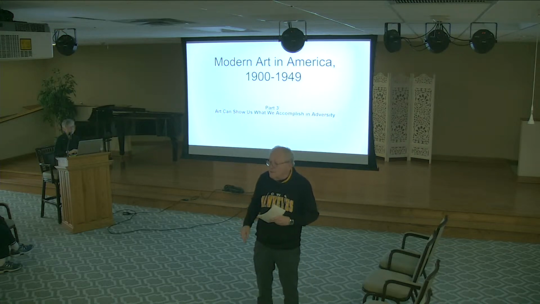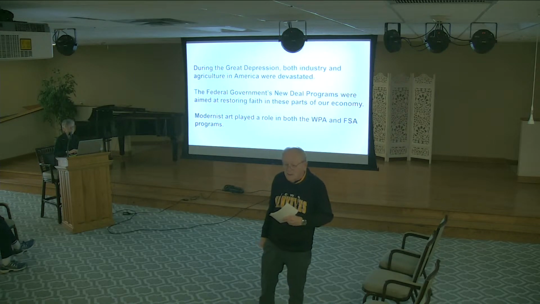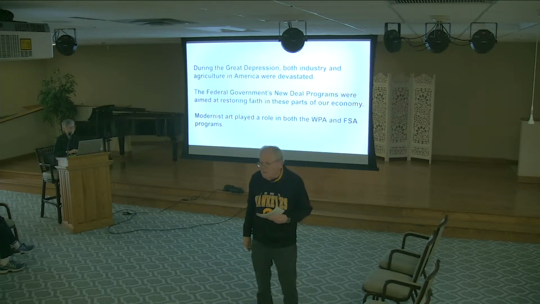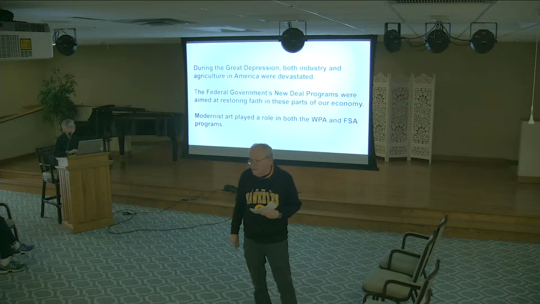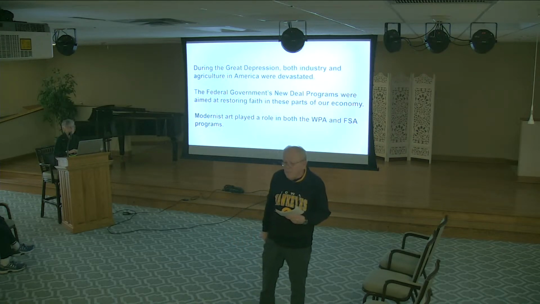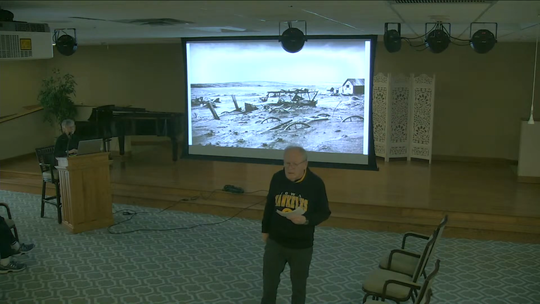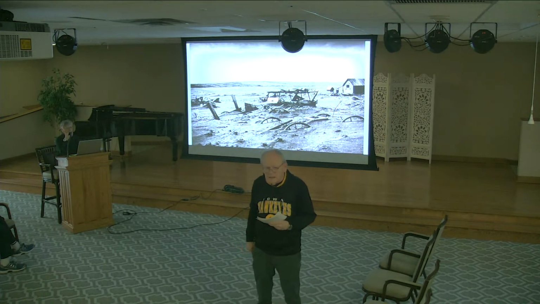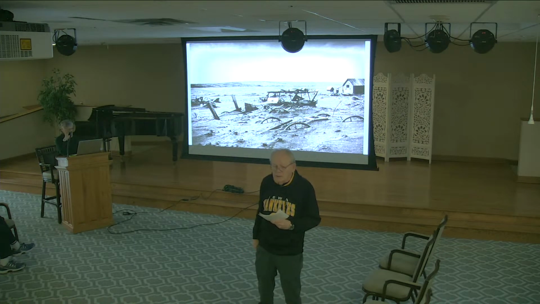The 1930s was also the decade of the Dust Bowl. And the Dust Bowl was a disaster that affected the Midwest, all the way from the lower Midwestern plains of Texas and Oklahoma north into Canada. Okay? So it was a twin disaster.